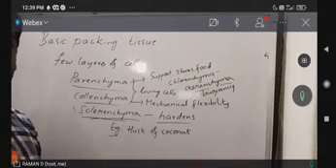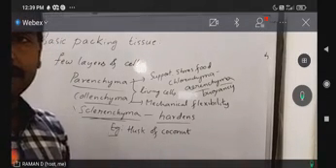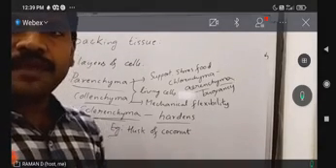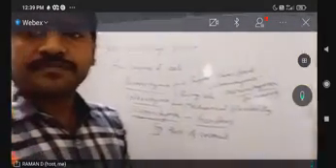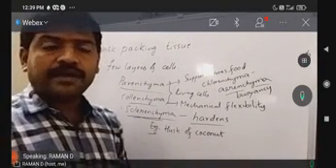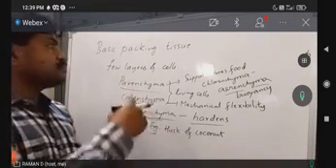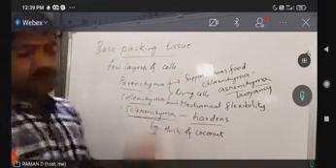Sclerenchyma contains lignin in its cell walls, which helps in what? Cementing the cells as well as hardening the cells. So that's about this basic packing tissue.